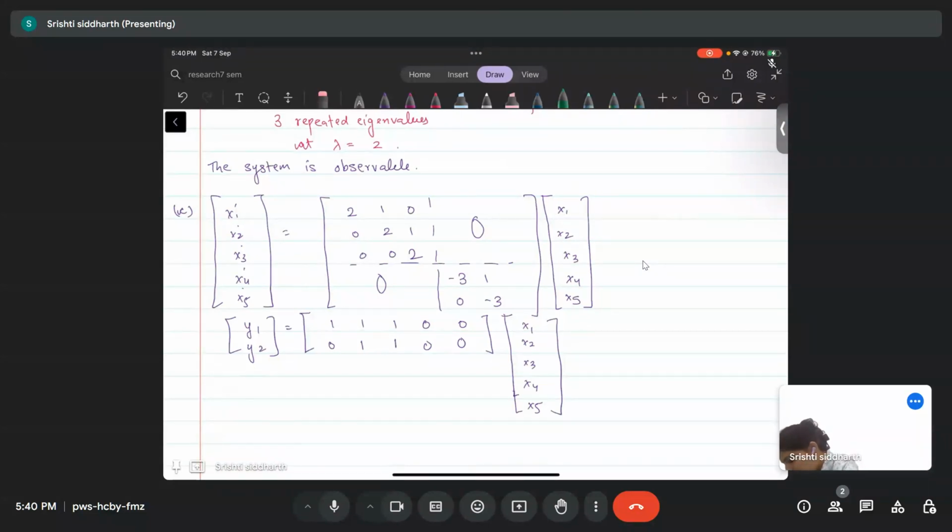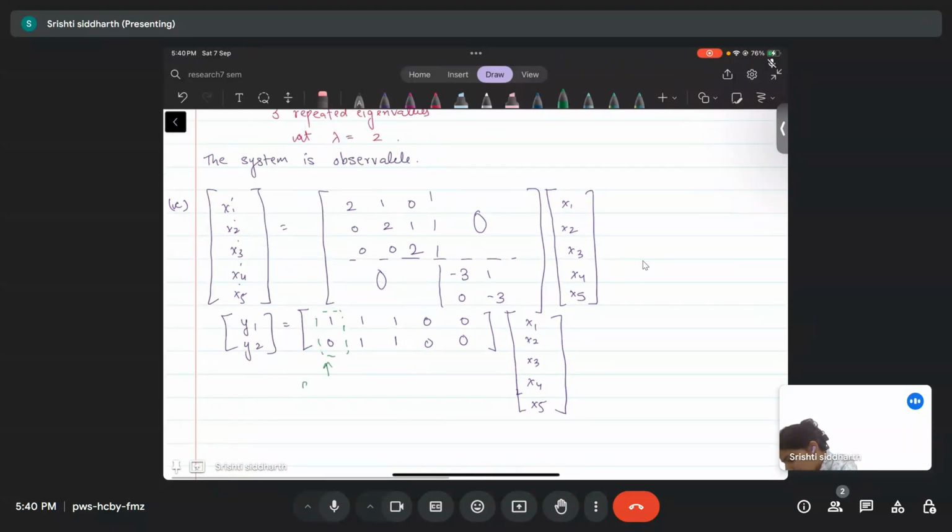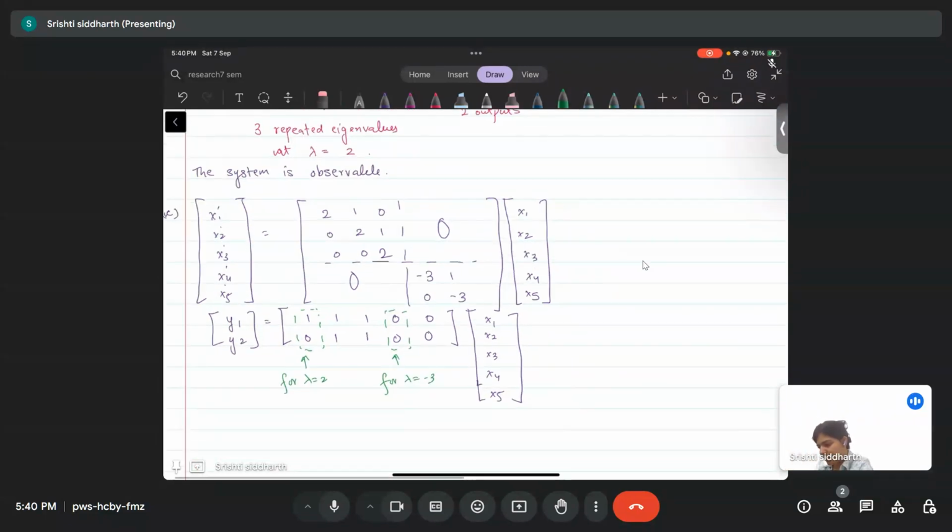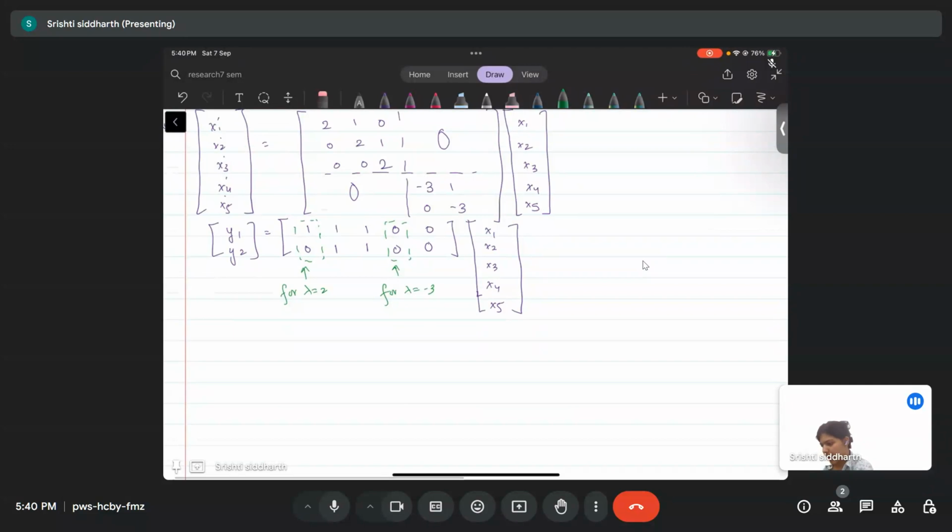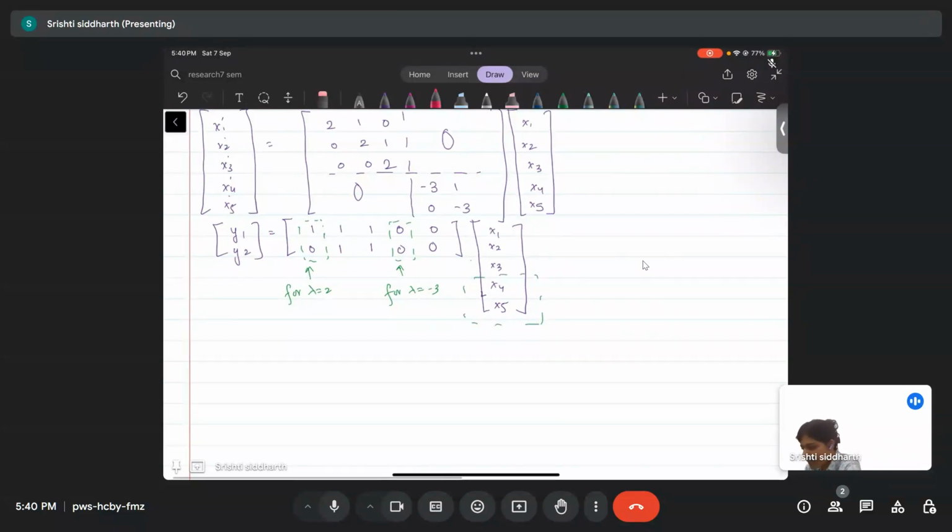Now let's look at the first column of each block. This is for lambda equals 2, and we have this one for lambda equals -3. You can observe that these two states never appear in the output, so the system is not observable.